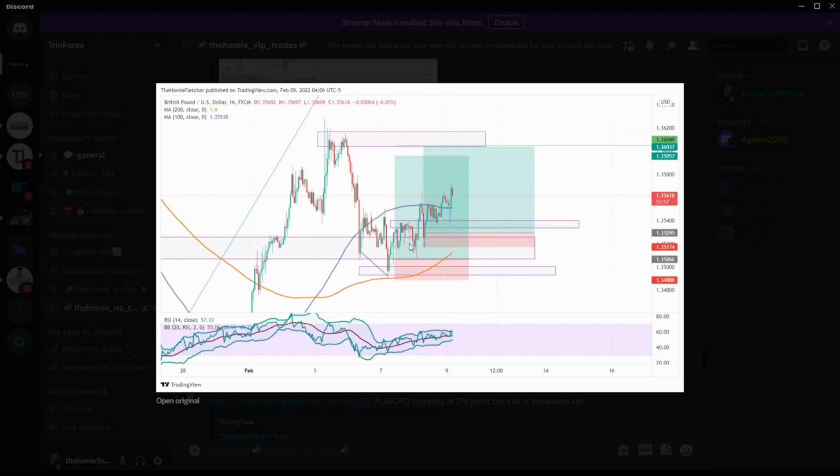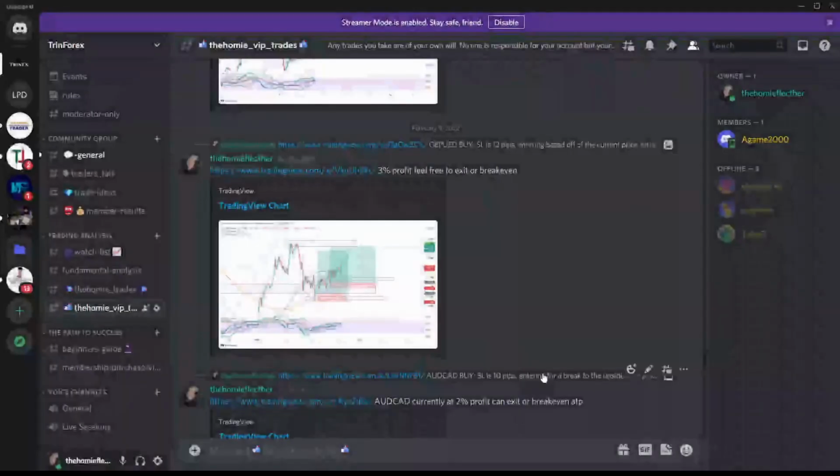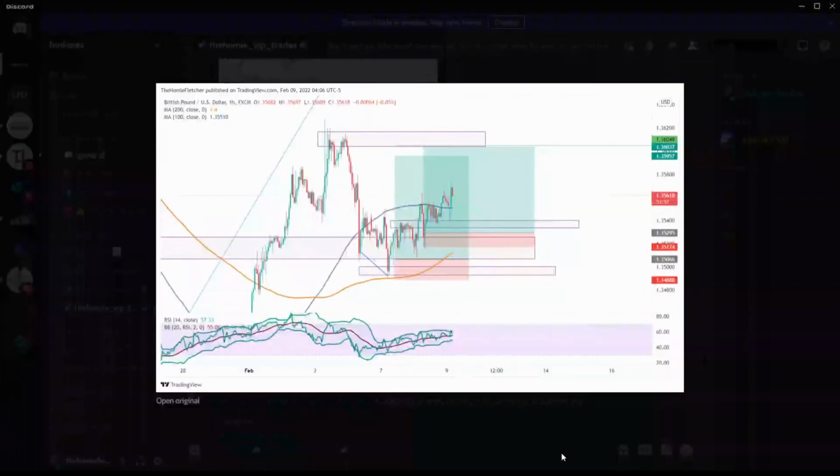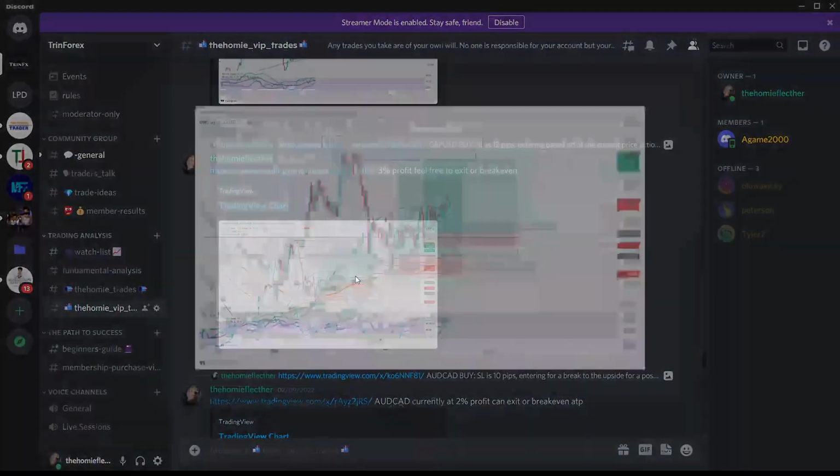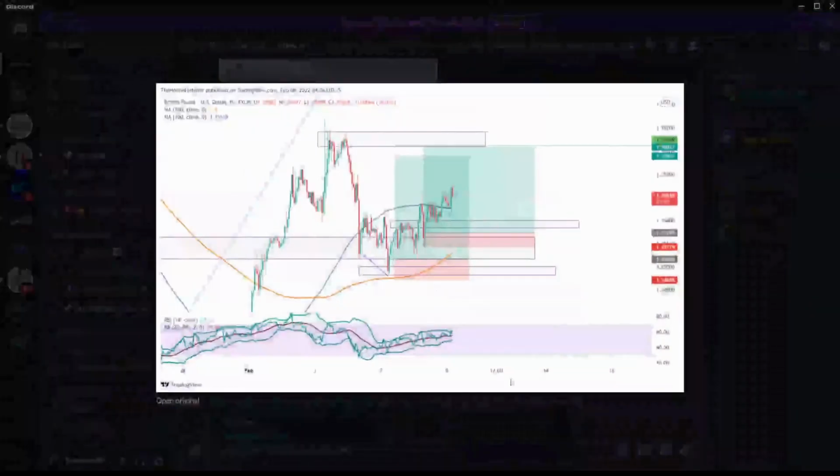If you entered another position right here, the same buyers, no reason for it to switch on us, you could have taken the chance and profit off the trade continuing on. So that's a 3% profit, feel free to exit here. Break even, did break even previously.